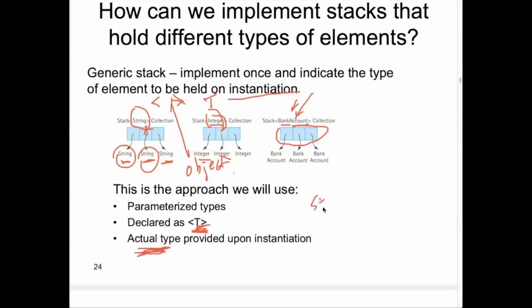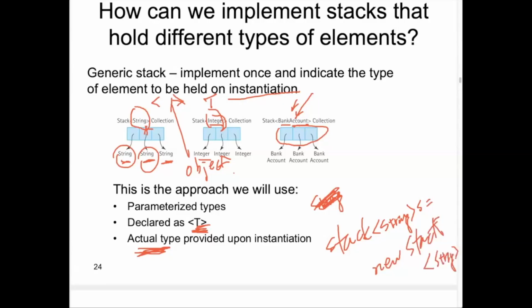So one example is I can do this string, assuming stack is already there, right? And then you can genericize it. You can say, I want string. This is S equals new Stack, and string in brackets. You can do this dynamically.